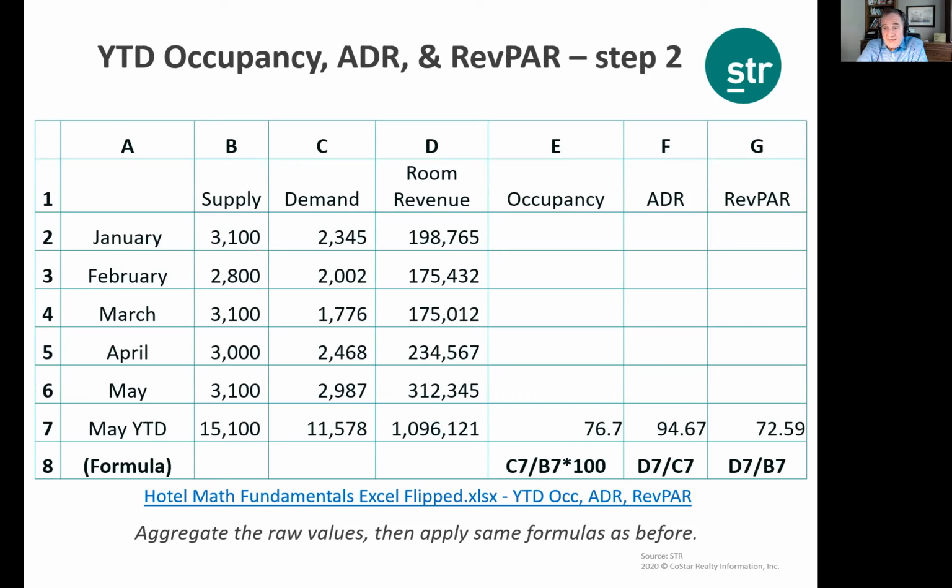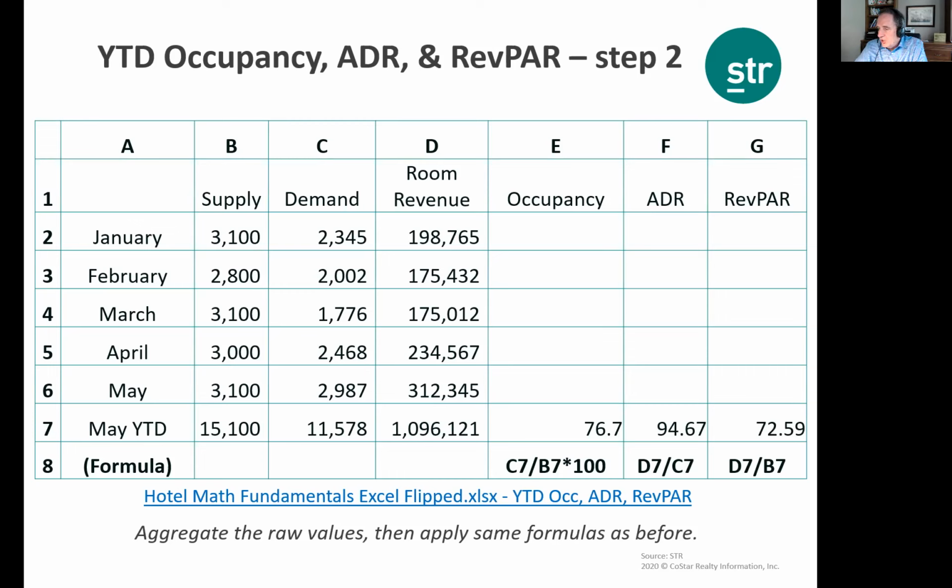We apply the KPI formulas. The KPI formulas are in row 8. The aggregated data is in row 7, and here's the formulas in row 8. C7 divided by B7, the demand divided by the supply times 100, and the answer to that formula is displayed directly above, 76.7.